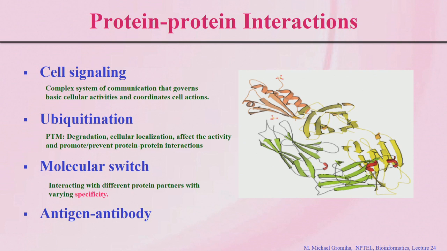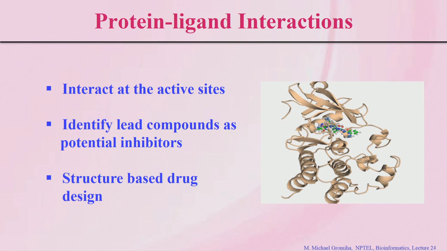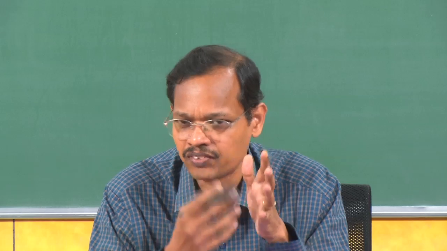Likewise, protein nucleic acid interactions are important for the regulation of gene expression, DNA replication and repair, also transcription, packaging and so on. Then we look into protein ligand interactions. These ligand interactions are also important because ligands trigger the affinity of these compounds.